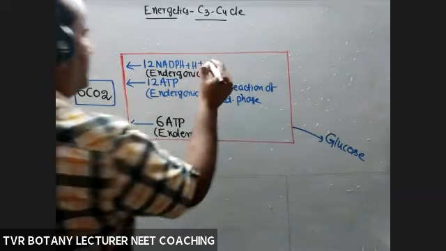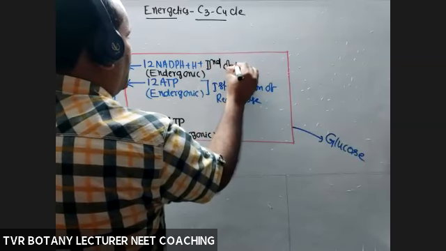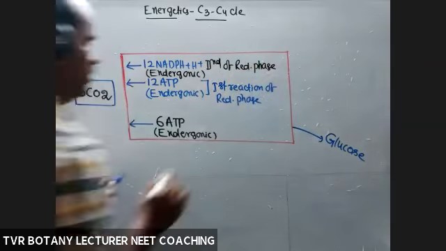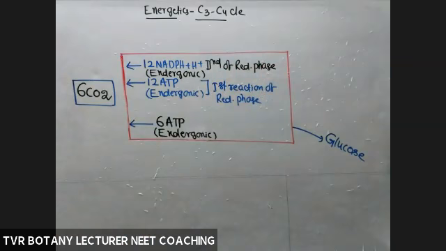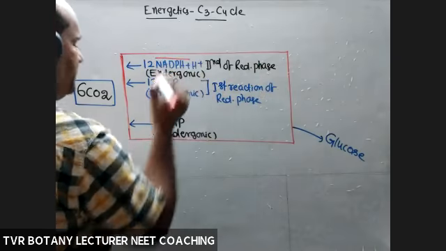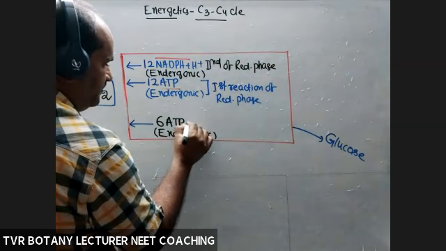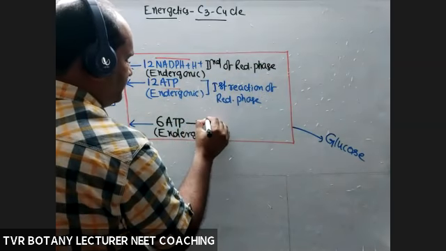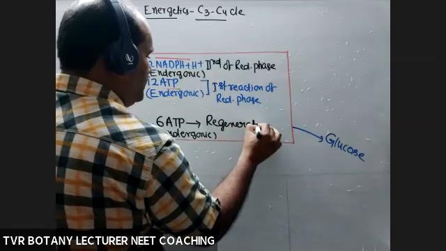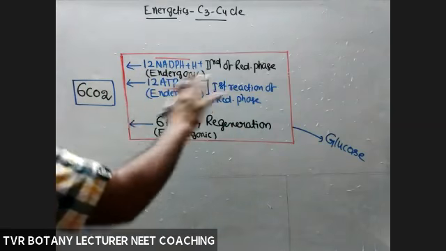And this one, second reaction of a reduction phase. So during reduction phase, both ATP and NADPH plus are consumed. And what about the 6 ATP during regeneration phase? During regeneration phase.